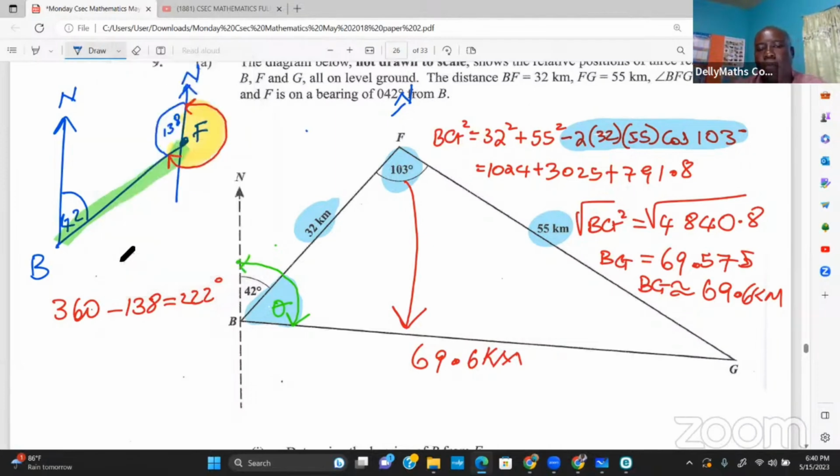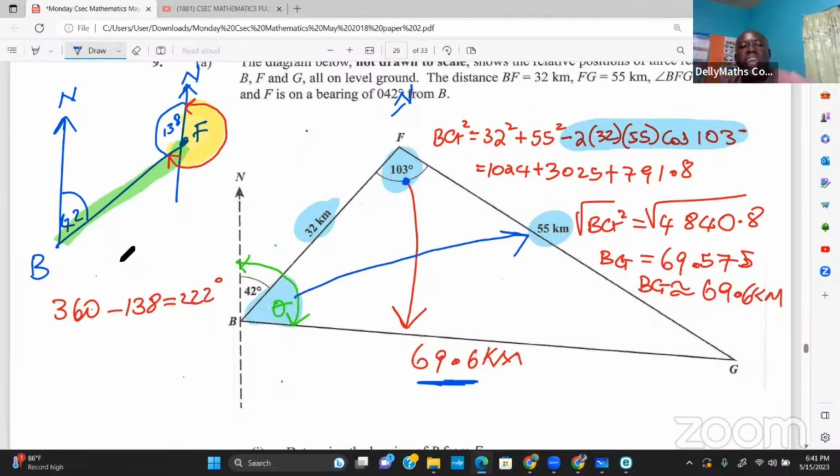What concept are we going to be using? Well, we're going to be using the sine rule now. It's a little bit safer because I'm looking at angles and opposite sides. Whenever I see that, I just use the sine. So I have 103 degrees and I have 69.6 opposite to it. The angle that I want to find, I have the side opposite to it.